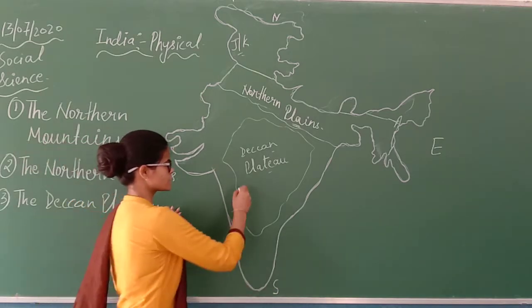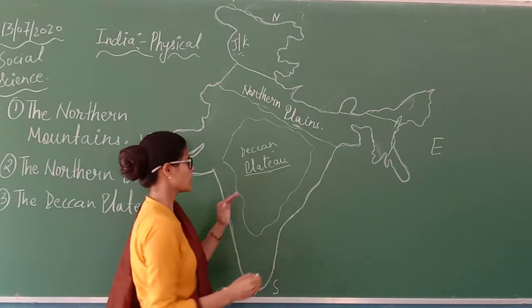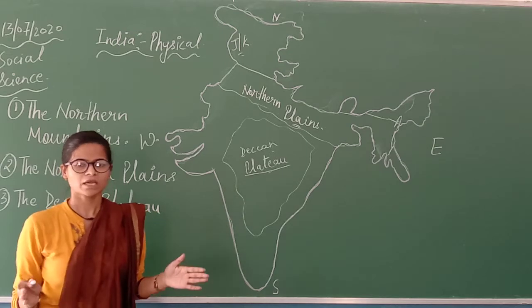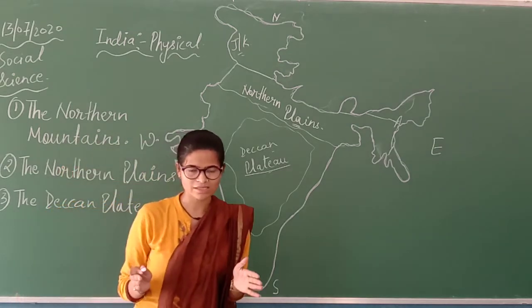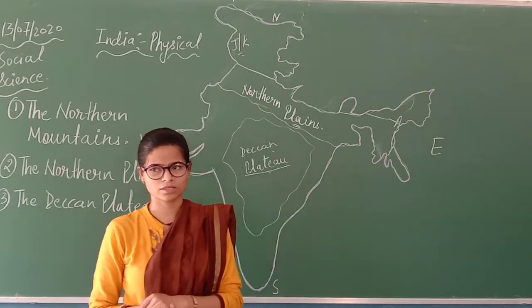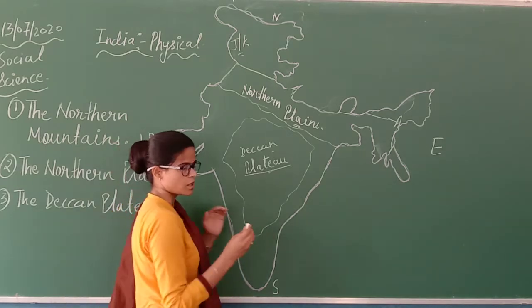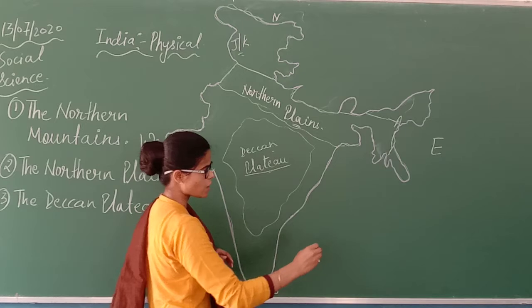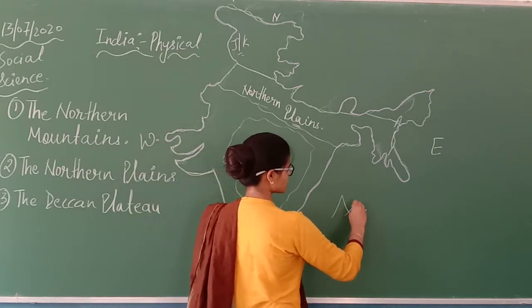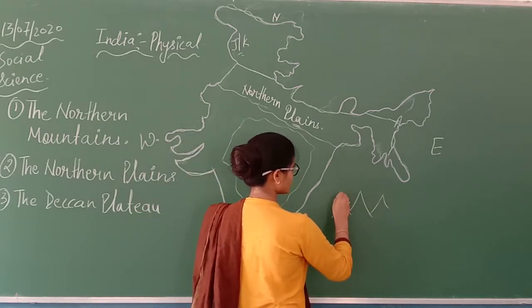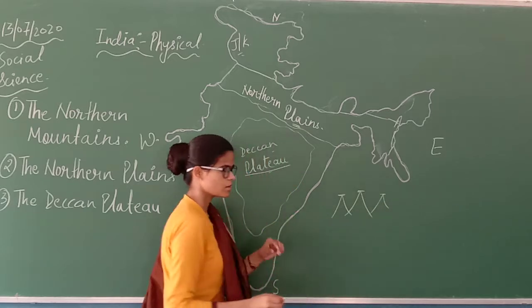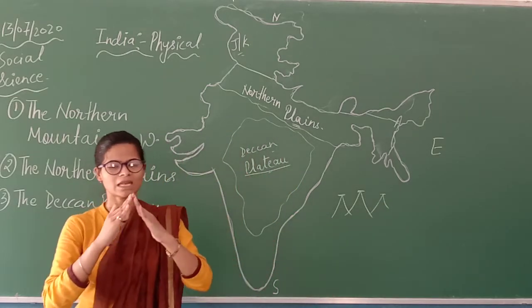Now you will ask me, ma'am, what is a plateau? Beta, a plateau is a small tableland mountain. You have seen mountains. How are mountains? They have a very high, slightly pointed peak like this.